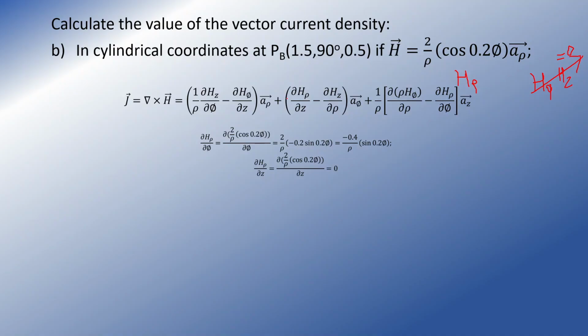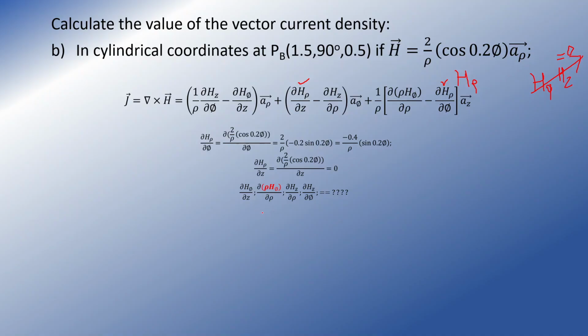So we have got the derivative of H rho with respect to z, and we have got the derivative with respect to phi. Now what are we supposed to calculate next? The H phi and Hz derivatives, but we know that H phi and Hz are not present, so their respective derivatives we don't have to calculate. It becomes 0.